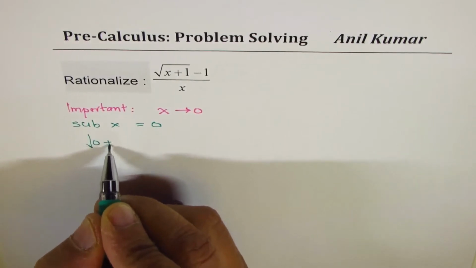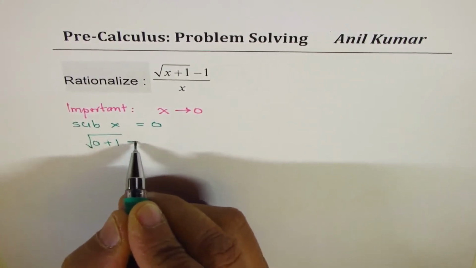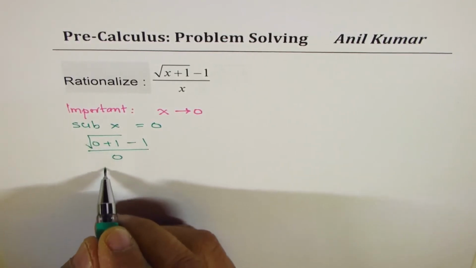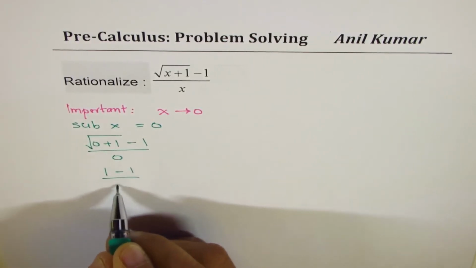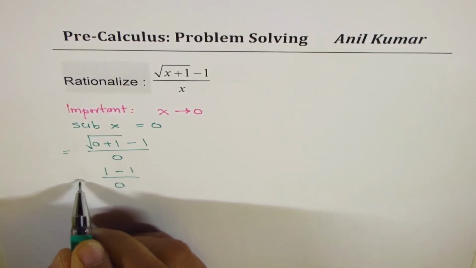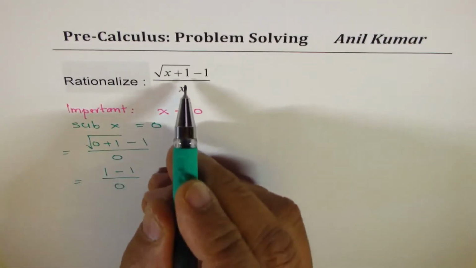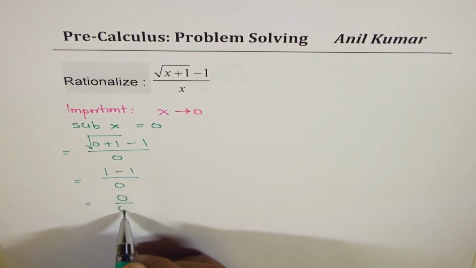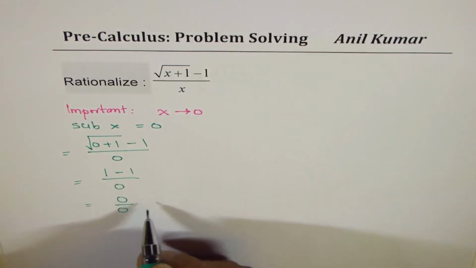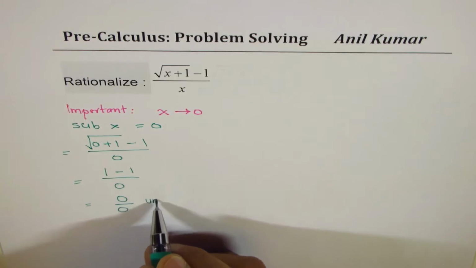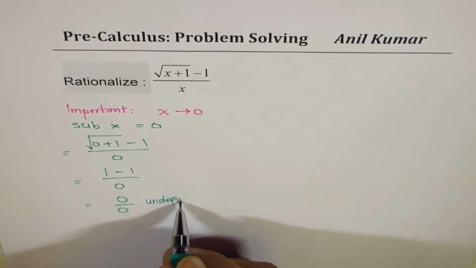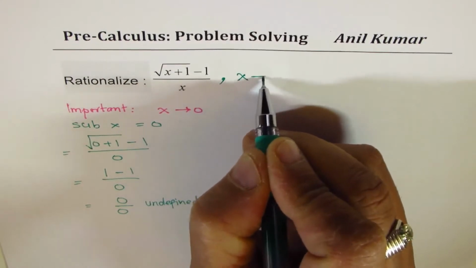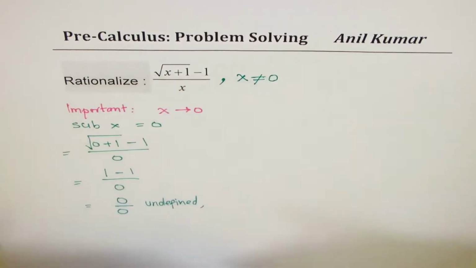Square root of 0 plus 1 minus 1 over 0, and that gives me 1 minus 1 over 0, correct? So we are substituting x equals 0 in our equation, and that gives me 0 over 0. And clearly this is something which is undefined. Right? So we do have a restriction here that x is not equal to 0.